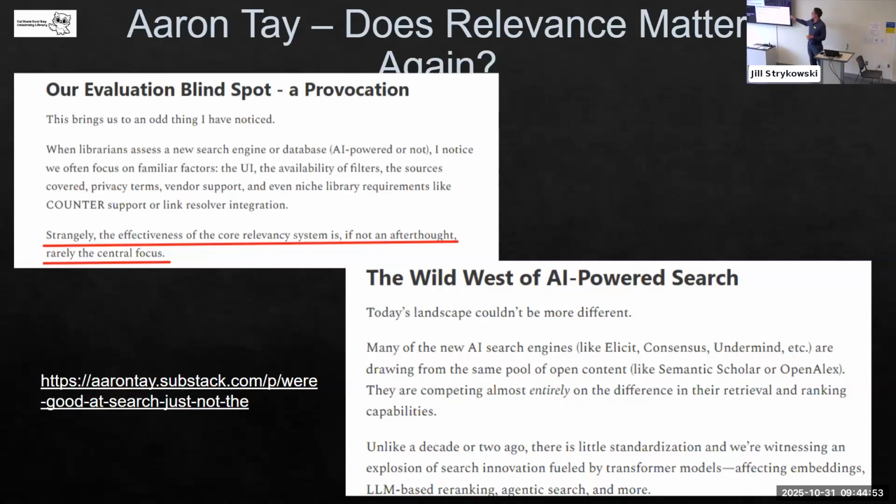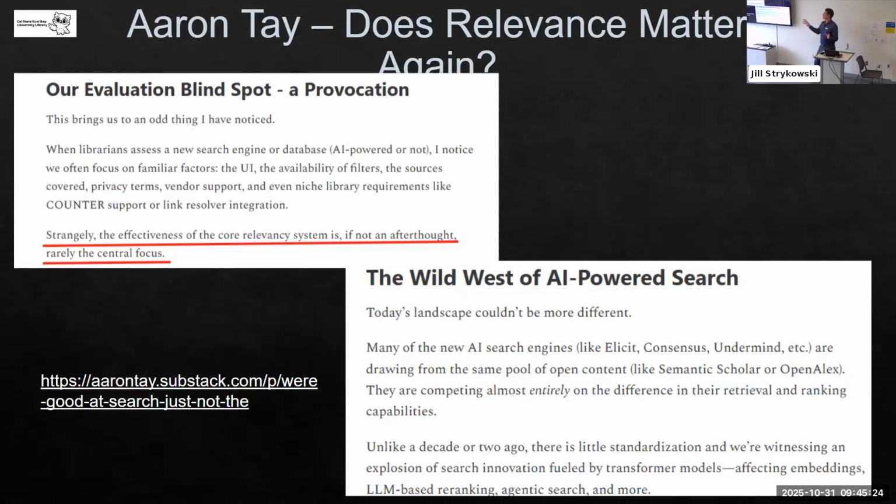You can use that to find papers that are relevant even if none of the keywords match what you searched. And according to Aaron, it's a wild west, because there are a lot of different ways to do that. Unlike keyword searching, where we have standard algorithms, with AI semantic search everybody's doing it their own way. It's a new way of doing things, so there's no real standard.